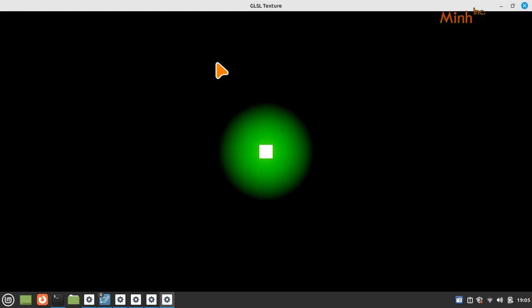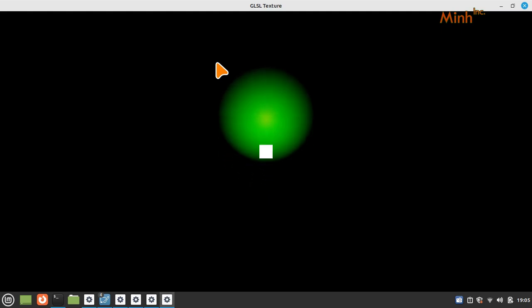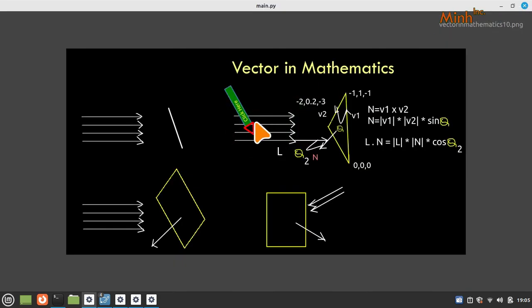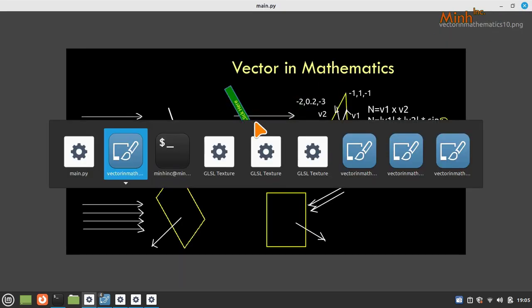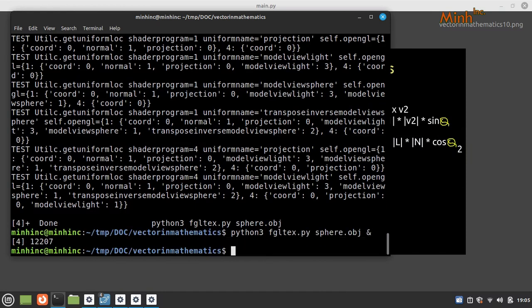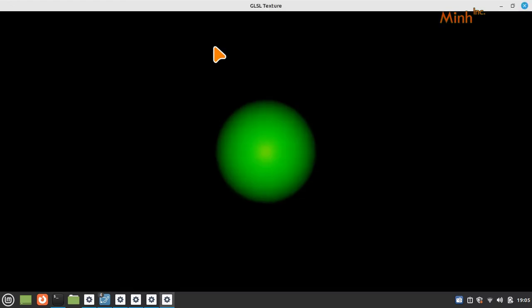Okay, I can rotate the sphere. Probably I can try again. There is no light. Okay, so the light source is constant. This is what we are trying, and we will rotate.